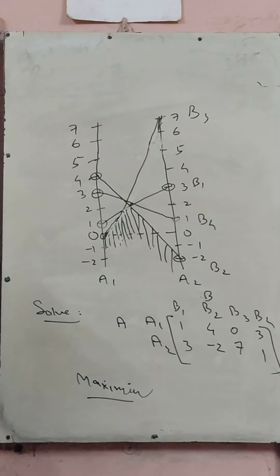Here also, the concept of the common shaded region: the lower portion for B1, B2, B3, B4 will be shaded. When you have shaded all the portions below the lines, you will get a common region. And that common region, maximin, is a minimum region. It will not allow going above. Maximum of the minimum portion.